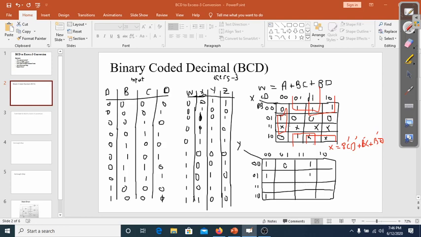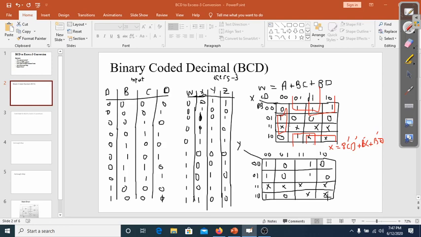Here is 0, here is 0. So this box is 0, this box is 0, this box is 0. So the remaining boxes are don't care conditions, so I can fill them as don't care.